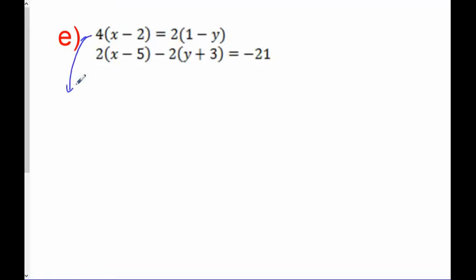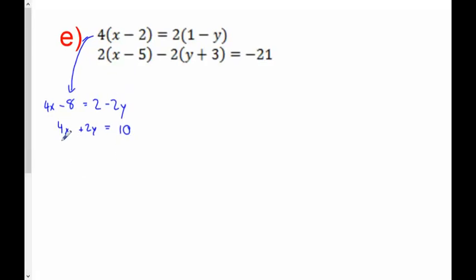And that way we can do some elimination. So I'm going to take the first one. We have 4x minus 8 equals 2 minus 2y. And I'm going to move things so that I have my x and y on one side of the equation, and I have my constants on the other side of the equation.